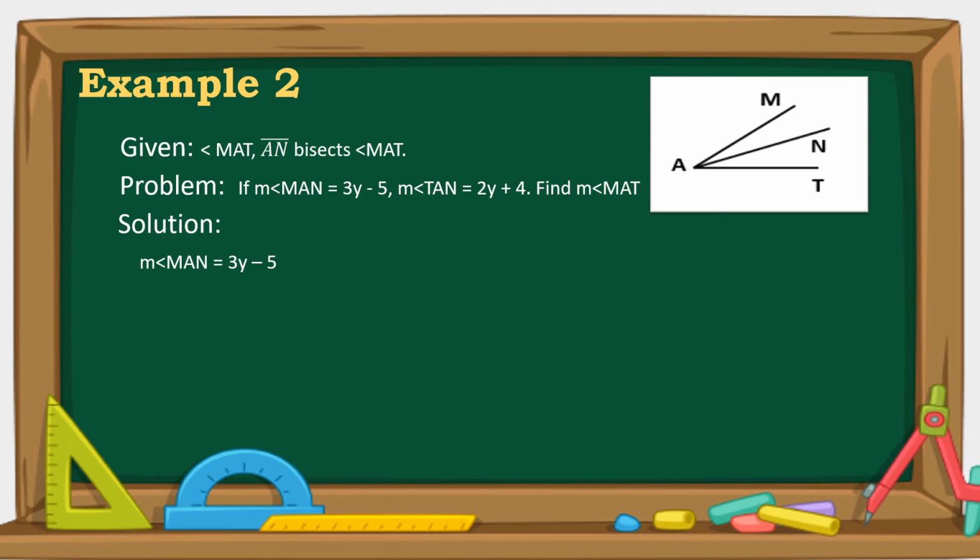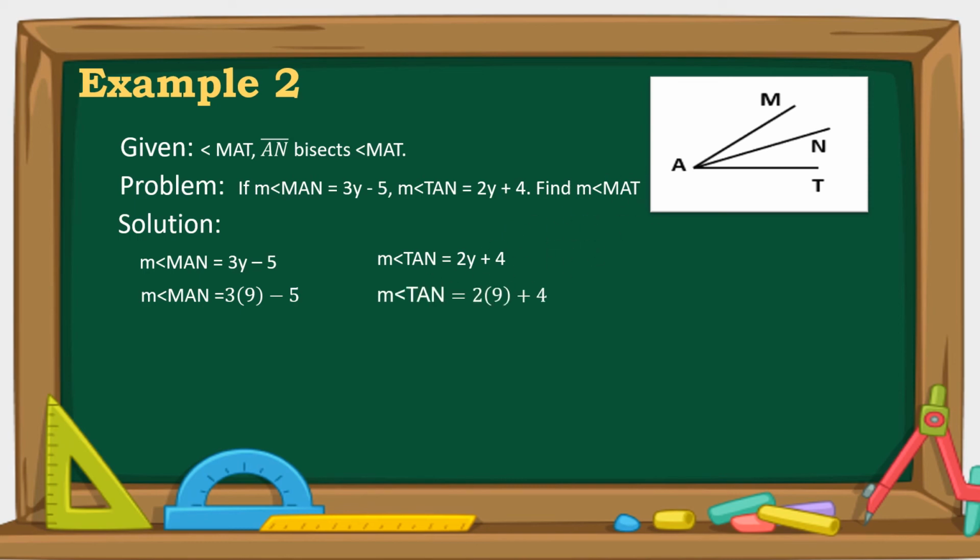So the measure of angle MAN is equal to 3y minus 5, and the measure of angle TAN is equal to 2y plus 4. So 3 times the value of y, which is 9, minus 5.